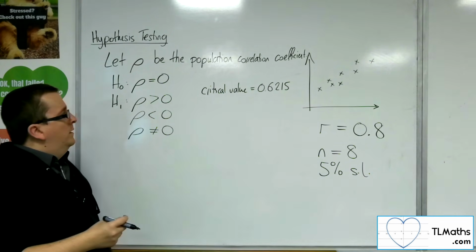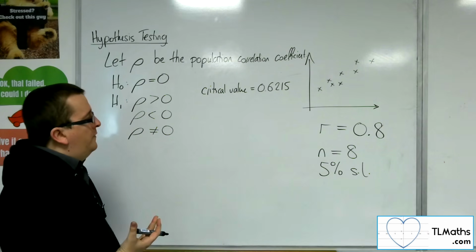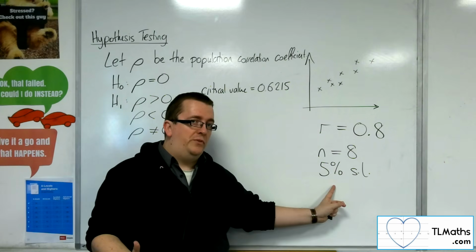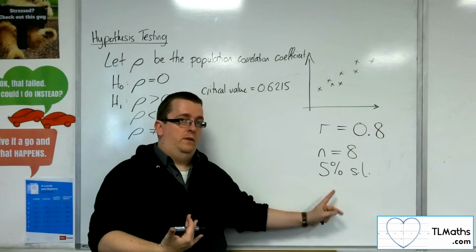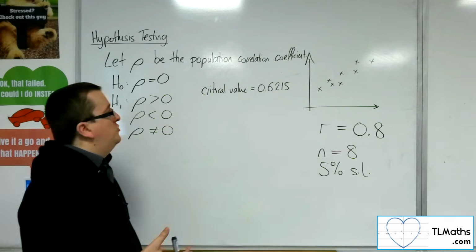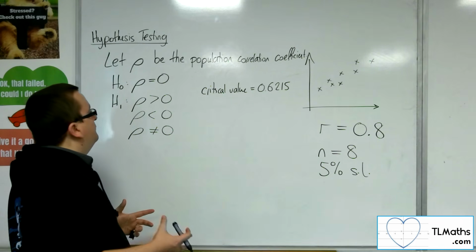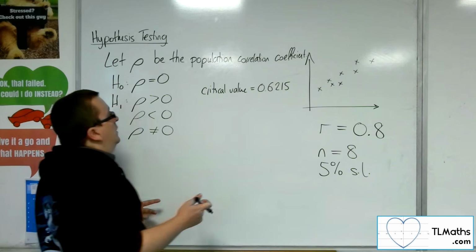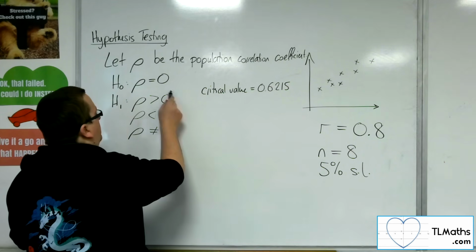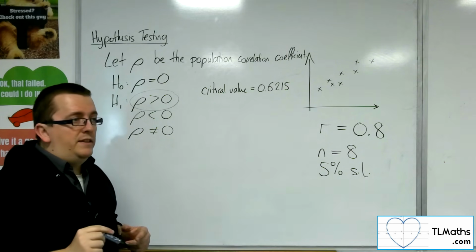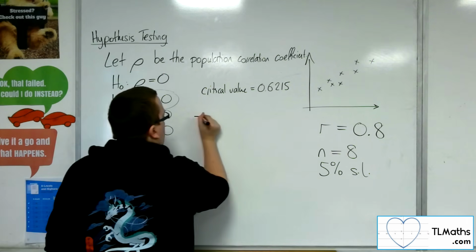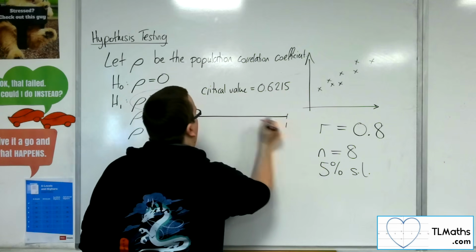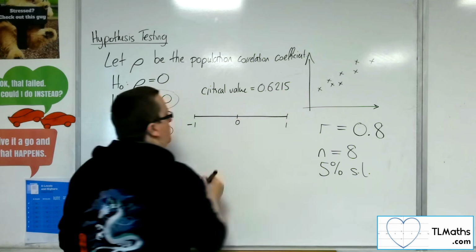Now, if this was a two-tailed test, then we would have had to halve the 5% and look at 2.5% from the tables. I've just treated it as a one-tailed test, so the critical value would be 0.6215. Let's go with this one, that rho is greater than 0. You know that R ranges between -1 and 1, with 0 in the middle.